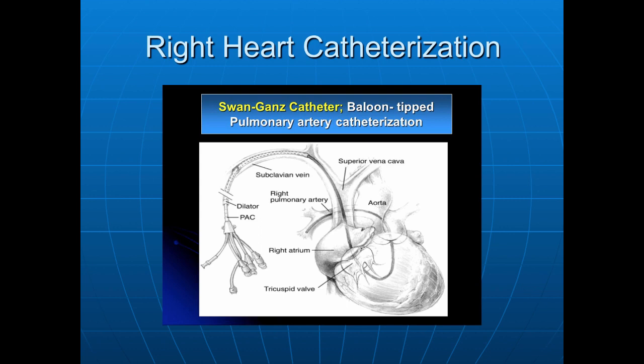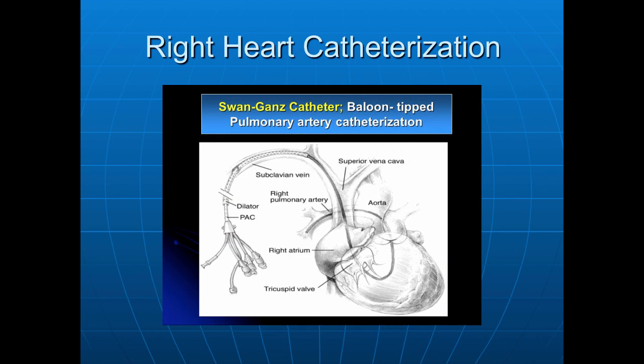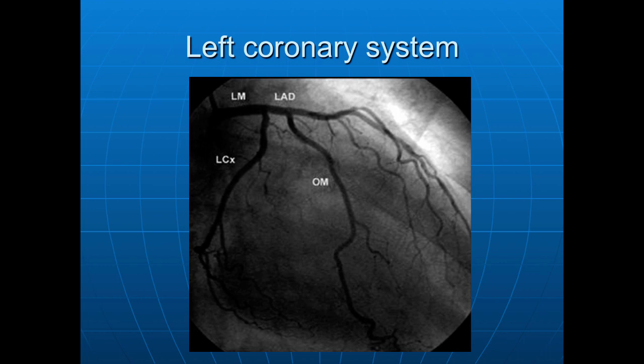So you can be measuring something at the tip, and you can also be measuring something in the right atrium. We use this catheter a lot when we study cardiac output, and cardiac output is actually one of the most important parts. It talks about how much blood your body is actually pumping out over a minute, which becomes very significant to patients.